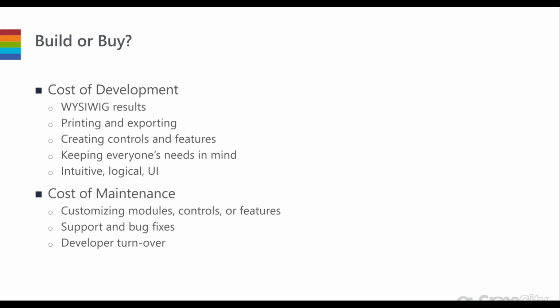So when you're looking at building your own application, what does it involve? Obviously, the cost of development is huge, because these are the features you want to have at a very minimum. You want to be able to create something that renders a WYSIWYG result. You want to have the printing and exporting functionality embedded into your software.